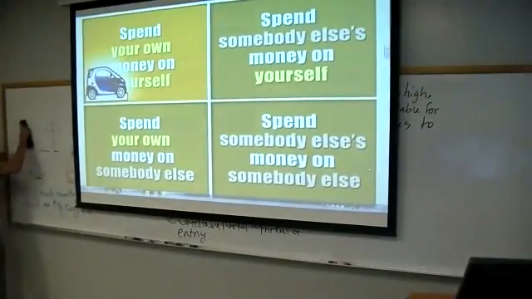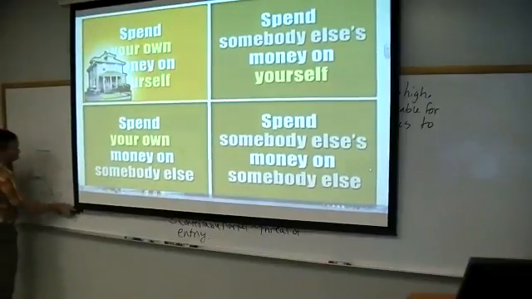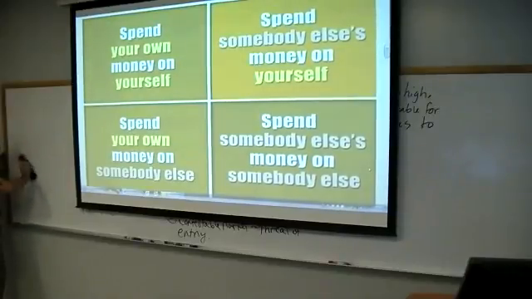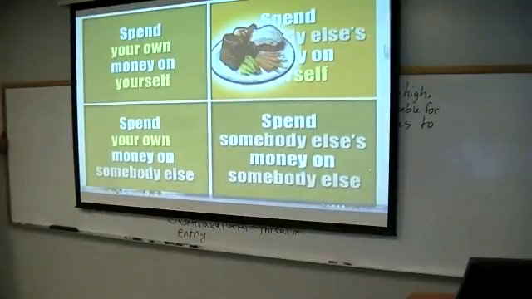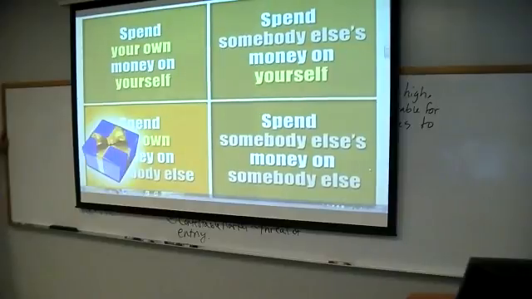If it's a big item like a car or a house, you're going to shop around pretty good because it's for you and your family. You're going to negotiate the price. Now, when you spend somebody else's money on yourself, like when the boss is paying for the meal and he's not there, you might be more apt to pass on that burger and fries and go for the steak and lobster because you're not as careful about the money as you are about what you're getting. Now, when you spend your own money on somebody else, like when you're buying a present, you tend to set a budget for yourself because it's your money, but you're not quite as careful about what you get, especially if you don't know them terribly well.